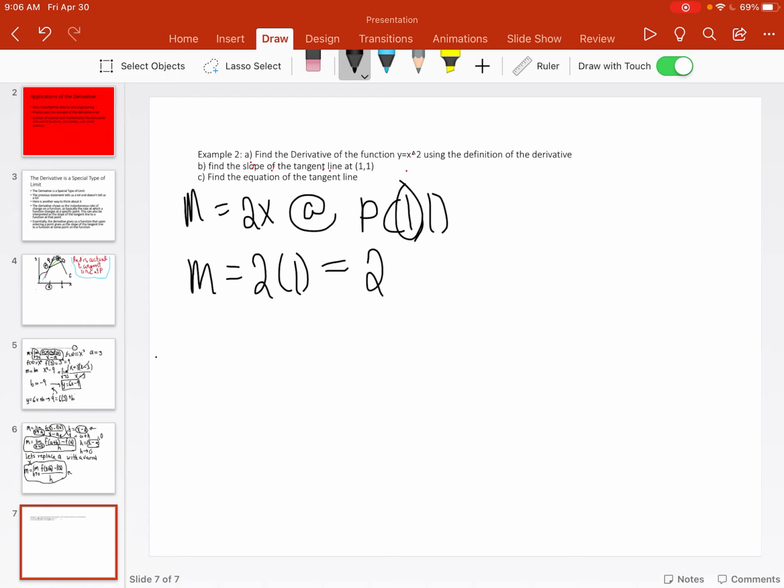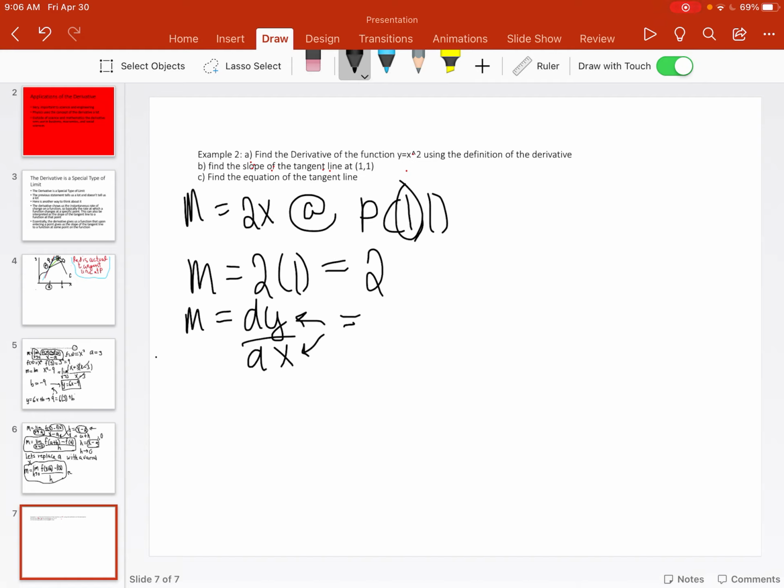Now, I want to introduce something really quickly here. We found the derivative of y with respect to x. And we can write this m, our slope, as equal to dy by dx, the derivative of y with respect to x.